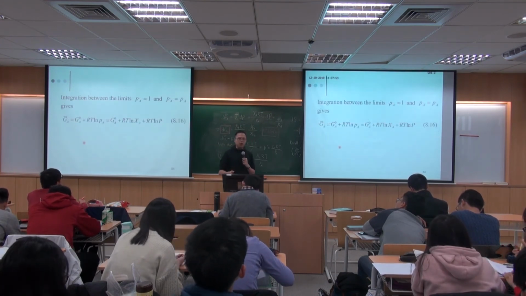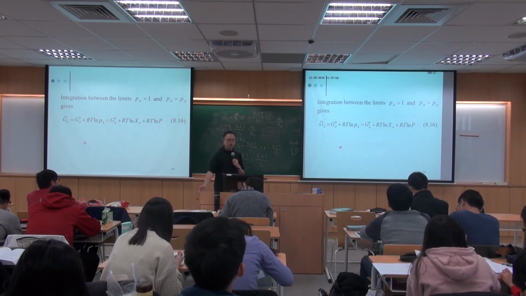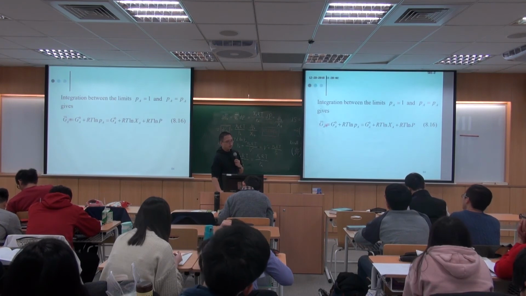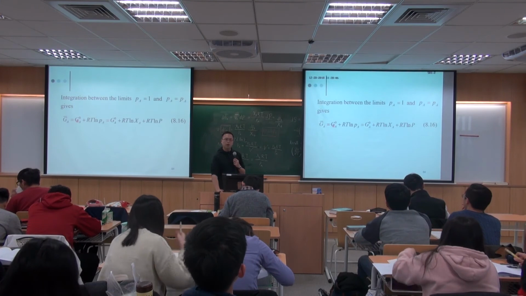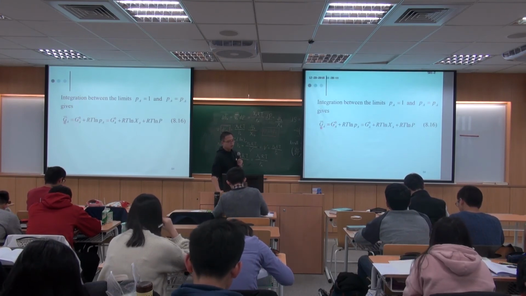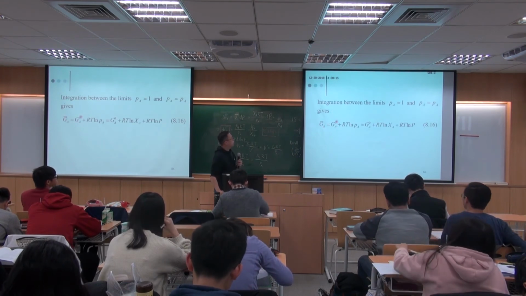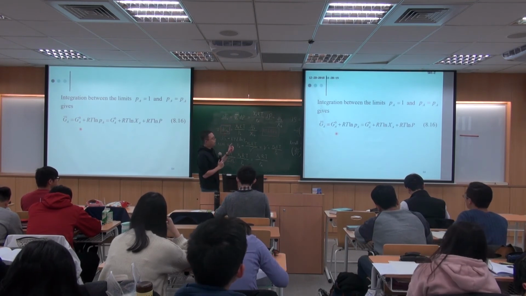So if you integrate this between the limits of 1 atm to a certain pressure, then you'll retrieve this equation, because typically we want to see how the Gibbs free energy changes against the standard condition. So for certain species A, GA bar will be GA0, which is this quantity at 1 atm.